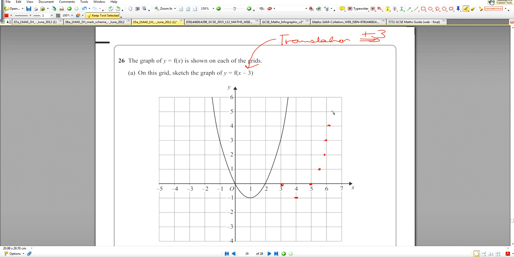This one goes 3 across, that goes there. And that goes there. Now, this point here, done. That point, okay, 1, 2, 3, and the same for the rest.